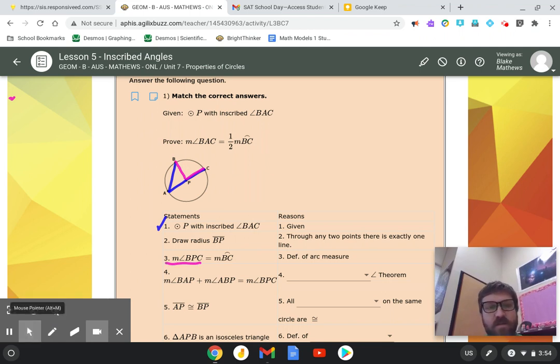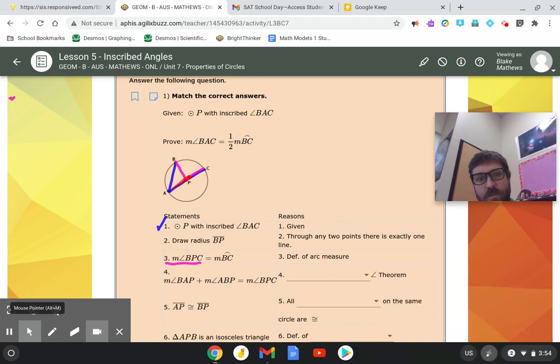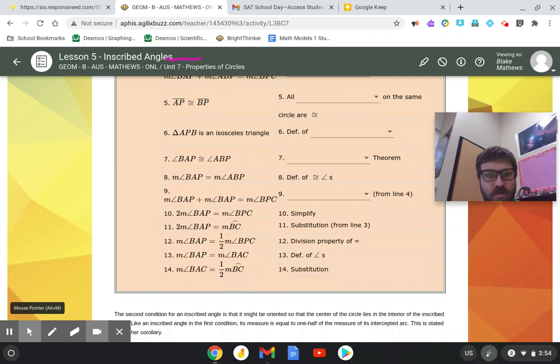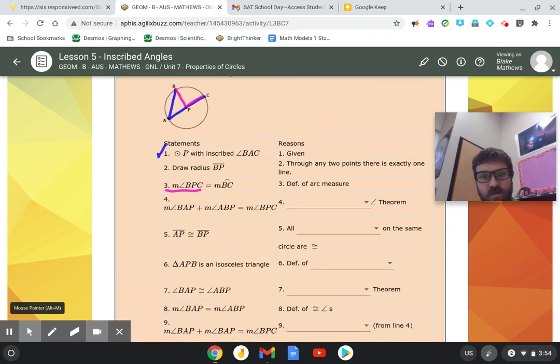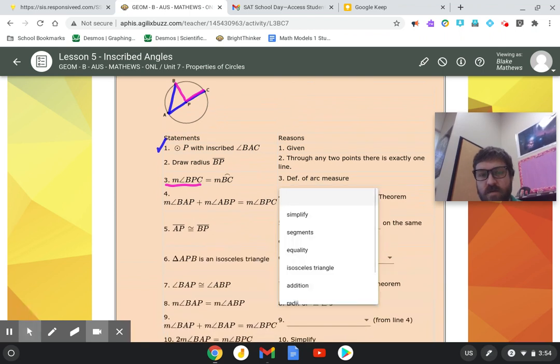Then it says the angle of BAP plus ABP, this one plus this one, equal the measure of BPC. So this angle plus this angle equals this angle. And that's going to be from, we can look at our answer choices, some kind of angle theorem. Let's find out what we got here. Is it segment?